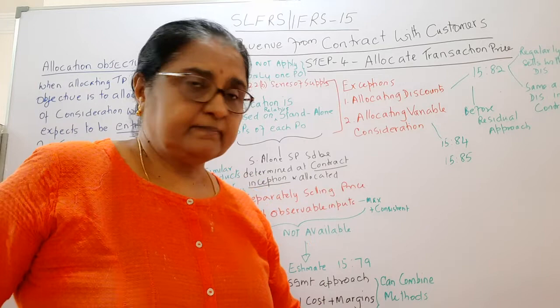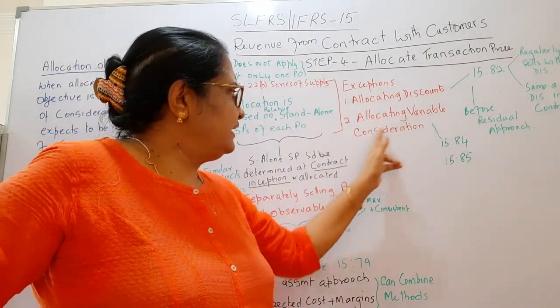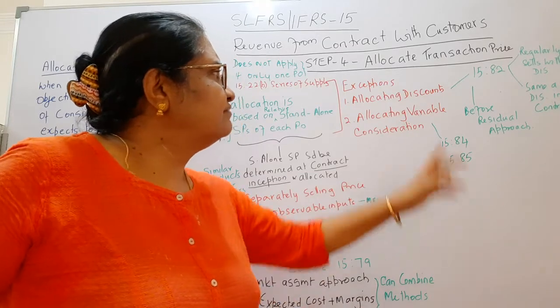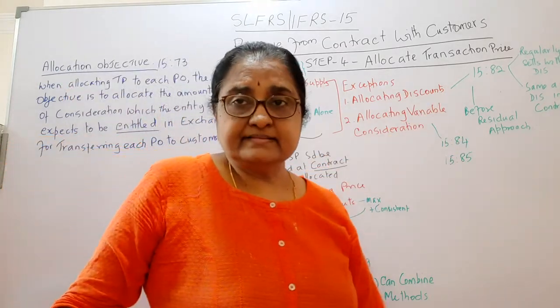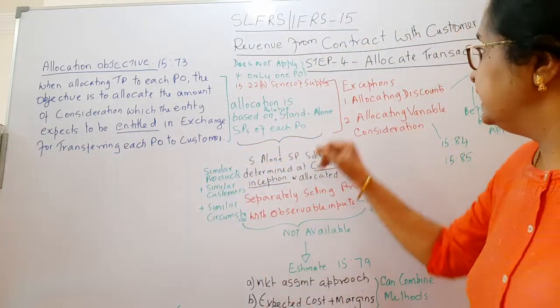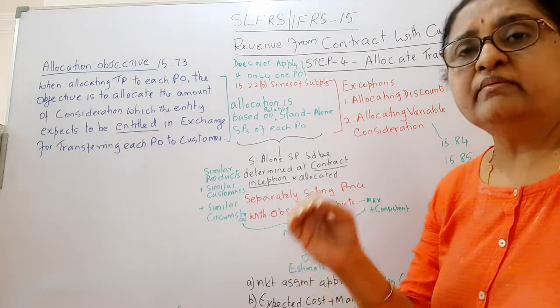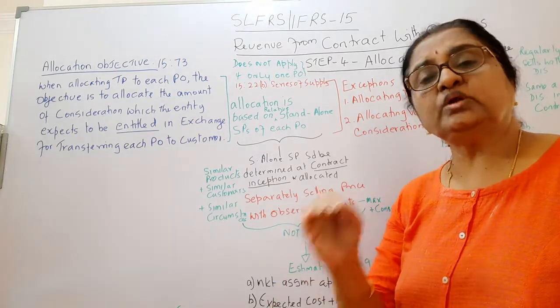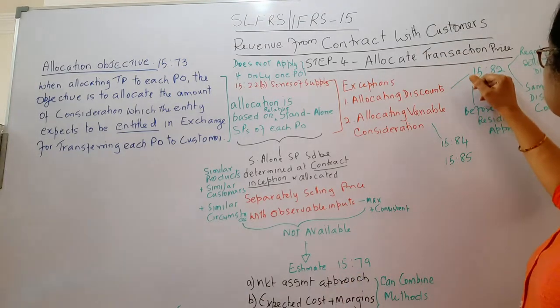The exceptions, allocating the discount and allocating variable consideration, are covered by three different paras. Allocating the discount to one or more performance obligations but not to all the performance obligations is covered by paragraph 82.